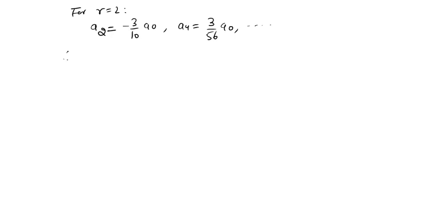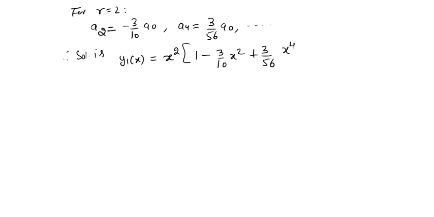So the first solution y1: take a0 equal to 1, x power 2, then the usual series, 1 minus 3 by 10 x squared plus 3 by 56 x to the fourth, and so on. Since a1 is 0, all odd coefficients, a3, a5, vanish.